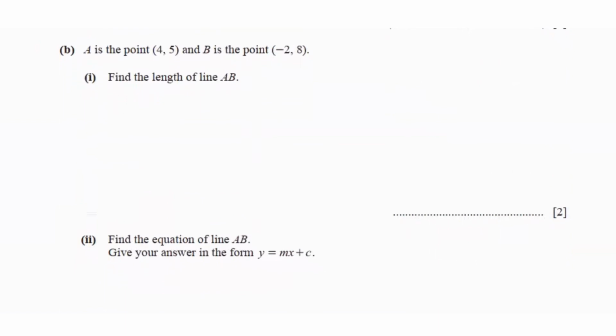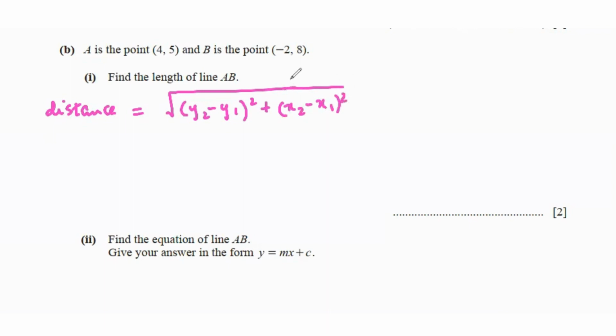A is the point 4, 5. B is the point negative 2 and 8. Find the length of AB. So your distance formula is square root of y2 minus y1 whole square plus x2 minus x1 whole square. So we're going to just substitute our coordinates in this.